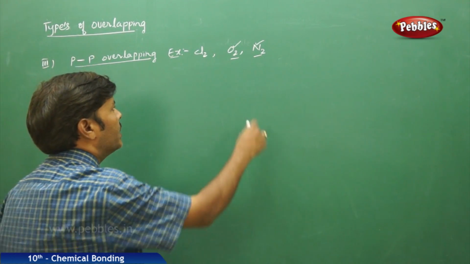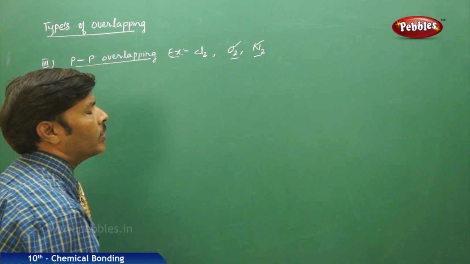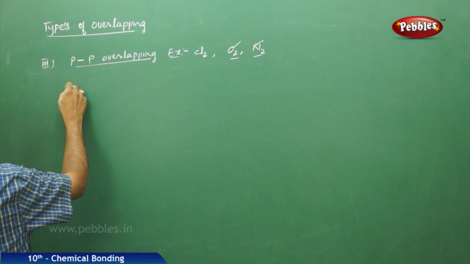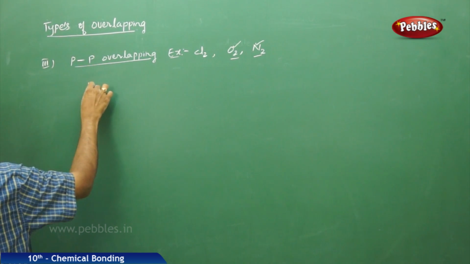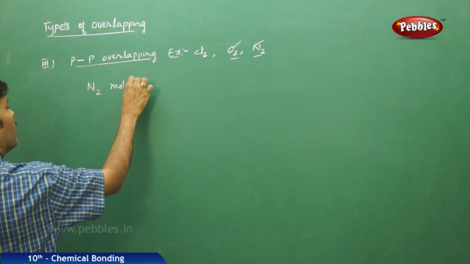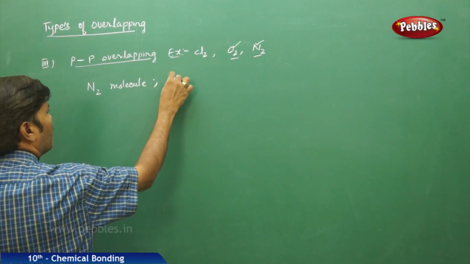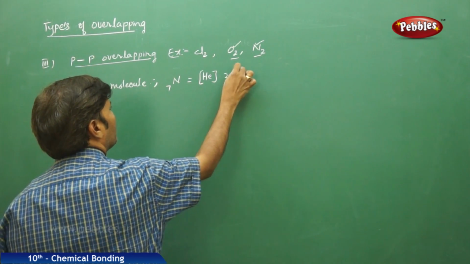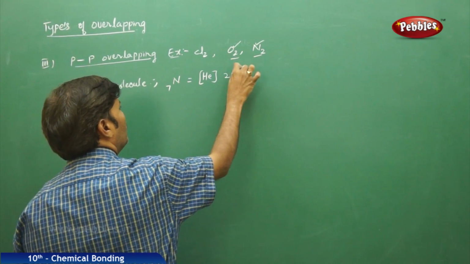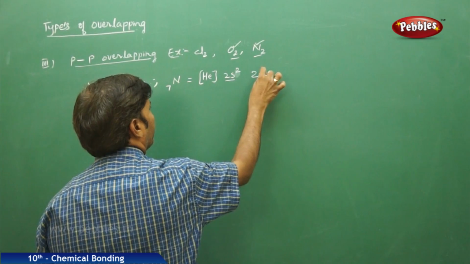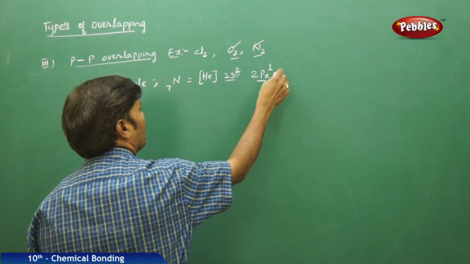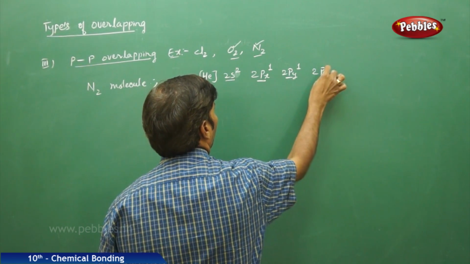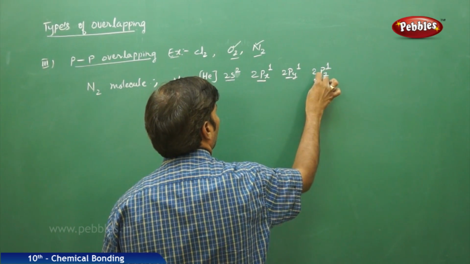So here the last molecule, that is nitrogen molecule, let us prove that in nitrogen molecule also p-p overlapping is taking place. If you take nitrogen molecule, N2, nitrogen atomic number is 7, so write the nearest noble gas configuration: helium of 2s2, 2px1, 2py1 atomic orbital, 2pz1 atomic orbital.